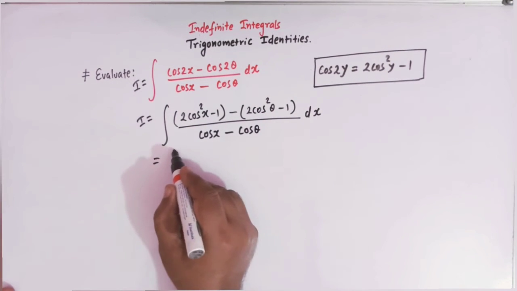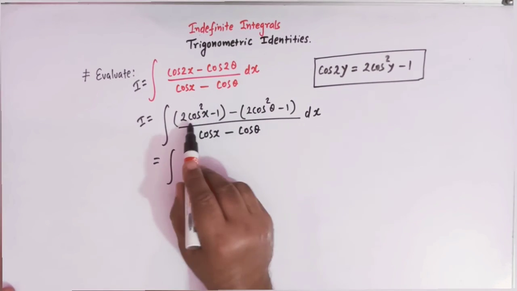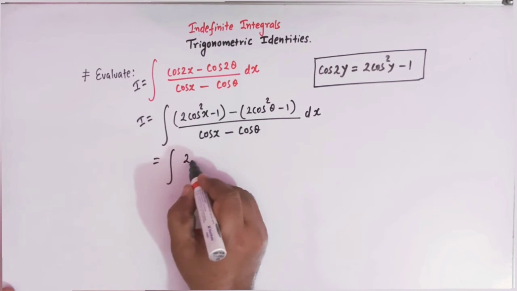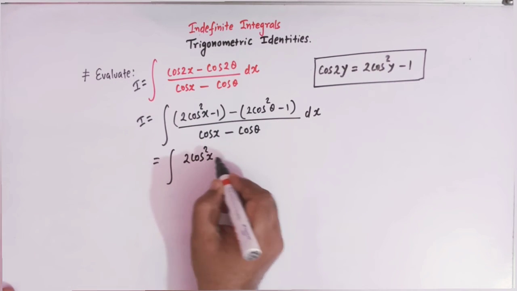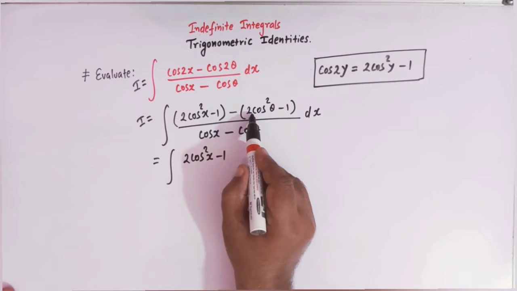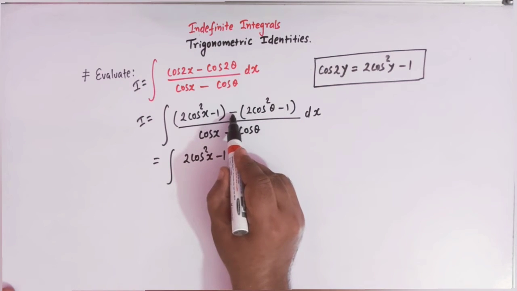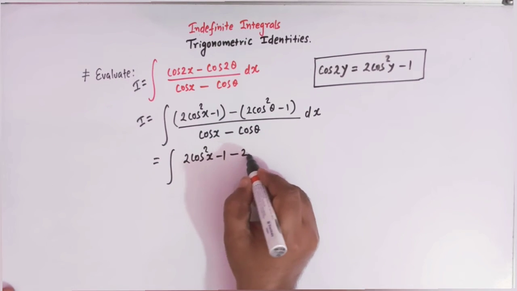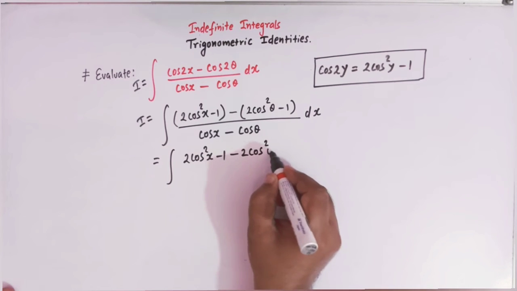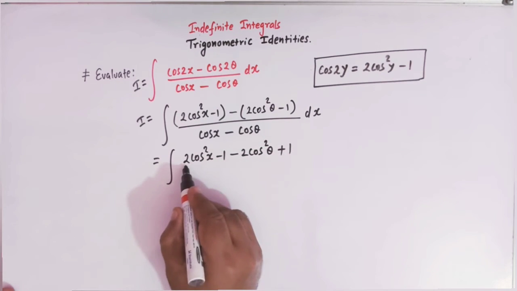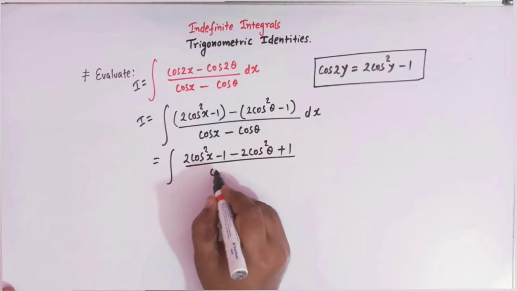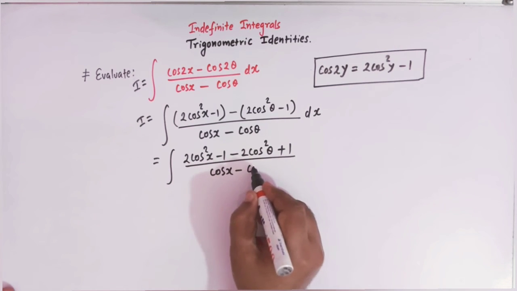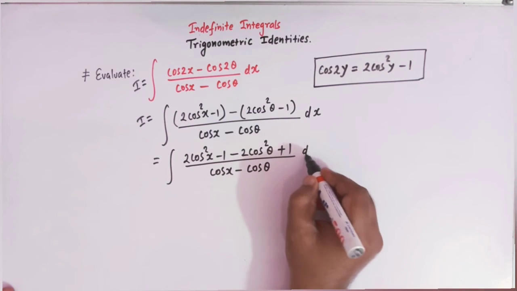Okay, so now we'll simplify the numerator. So we have 2 cos square x minus 1, multiplying these two terms by this negative sign, so we have minus 2 cos square theta plus 1, and divided by cos x minus cos of theta, right?